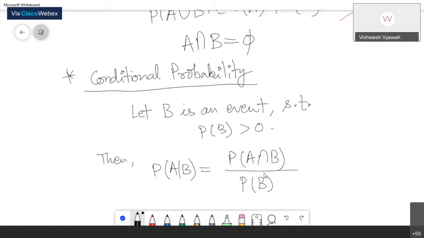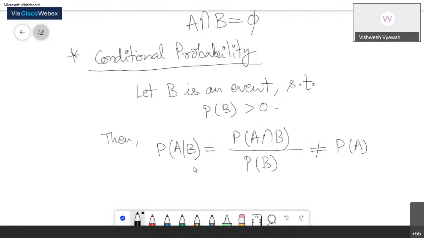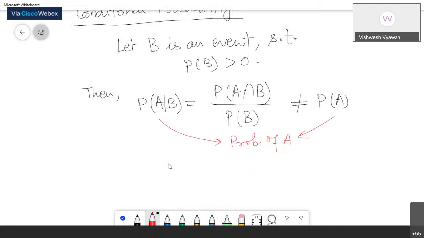The first thing that is very important is that this is not the same as probability of A. In both cases, we are finding the probability of A only, but the situations are different. What is the difference? In this case, I am finding the probability of A with no condition.